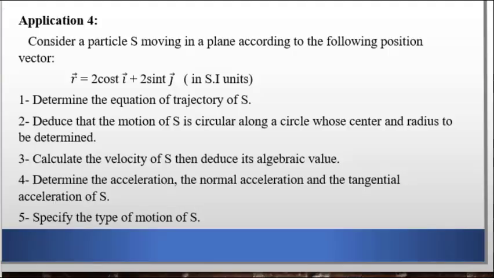He said in part 2, deduce that the motion of S is circular along a circle whose center and radius are to be determined.